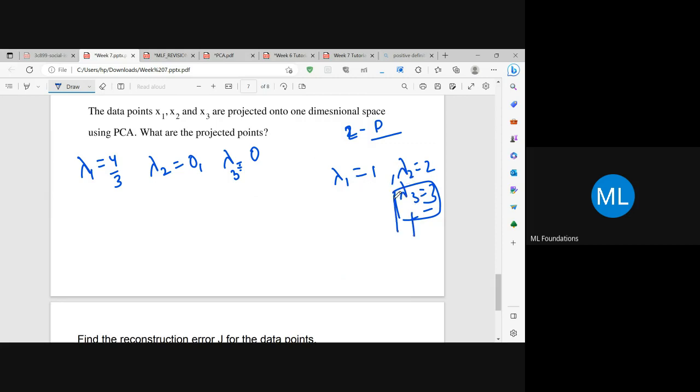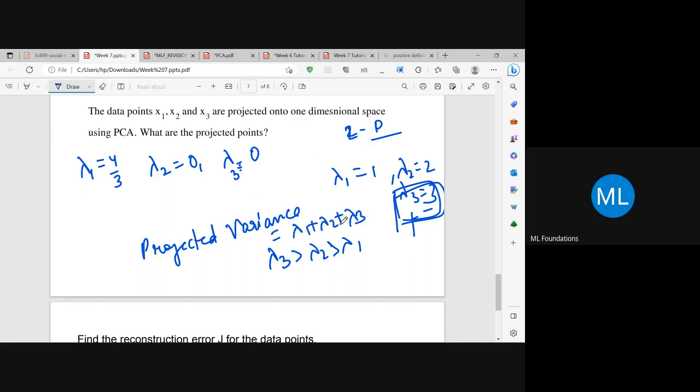The first principal component is in decreasing order, right? Yeah, in the decreasing order, so λ3 is greater than λ2 is greater than λ1. If you have been asked to calculate the projected variance, and you've not been told anything about the principal components, what you'll be doing is λ1 plus λ2 plus λ3. Right? Fine. Yes.